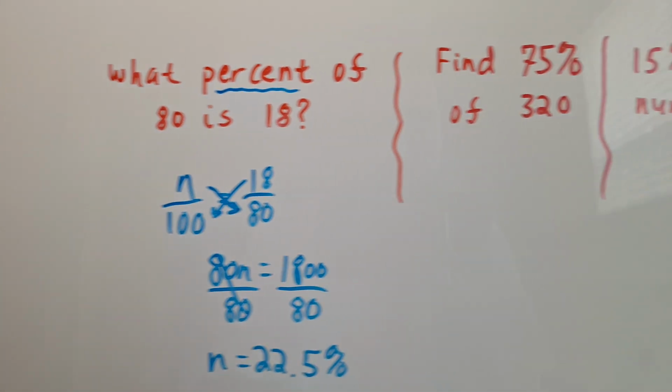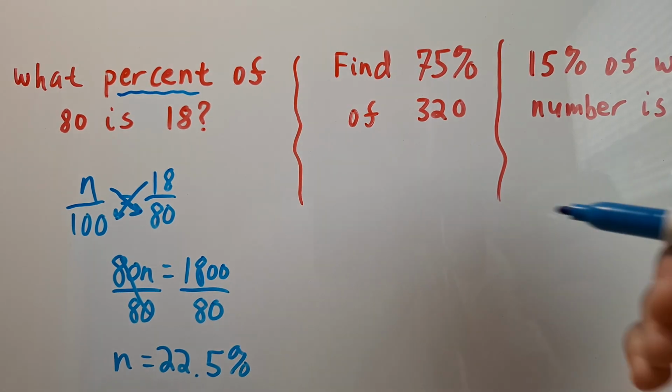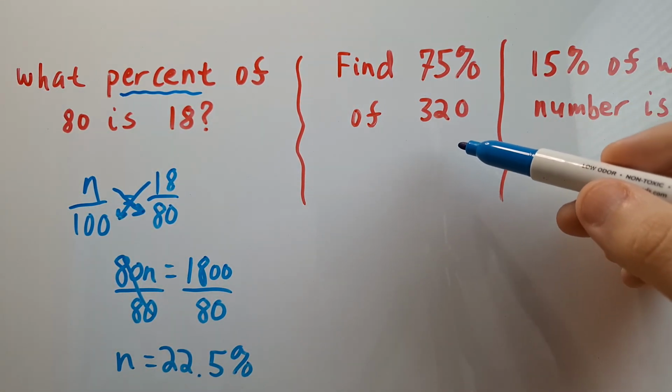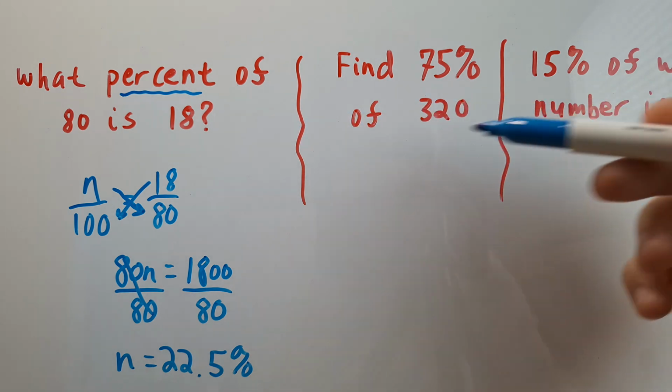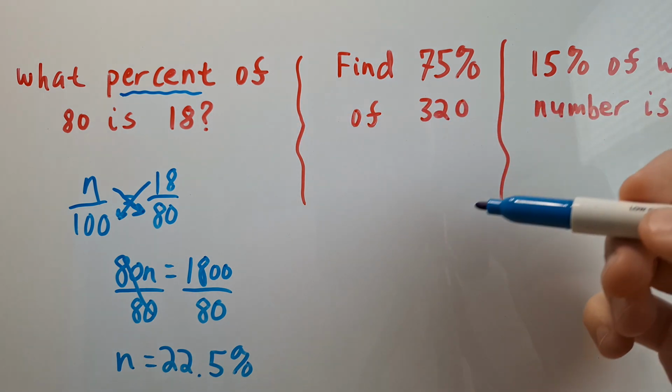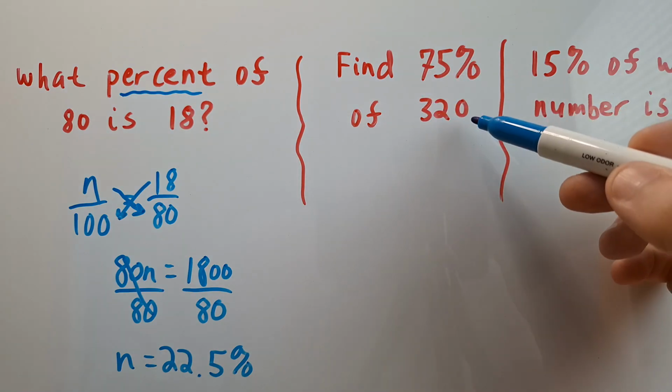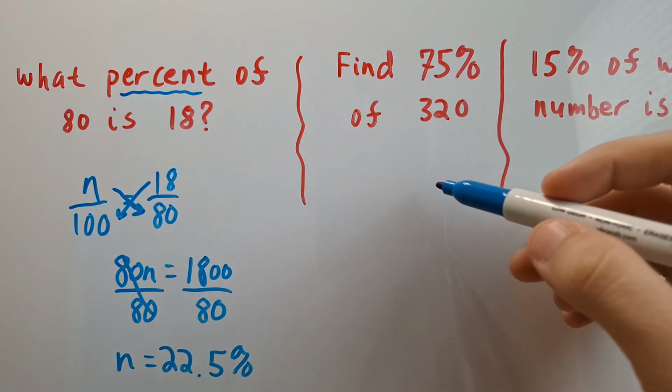The next one here says, find 75% of 320. There are a couple different ways these problems can be worded. It might say, what is 75% of 320? Just another way to write it out.